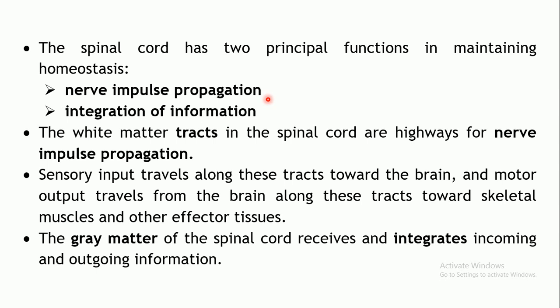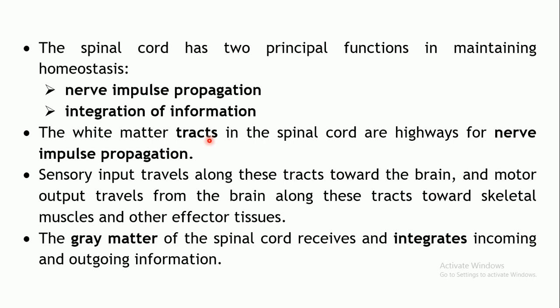So in various areas of the spinal cord, usually the tracts, as they are called, a group of axons, are present in several areas of the white matter. So that's the function of the white matter of the spinal cord. Nerve impulse propagation takes place along these tracts. Tracts are the group of axons in the CNS, whereas a group of axons in the peripheral nervous system, PNS, are called nerves.